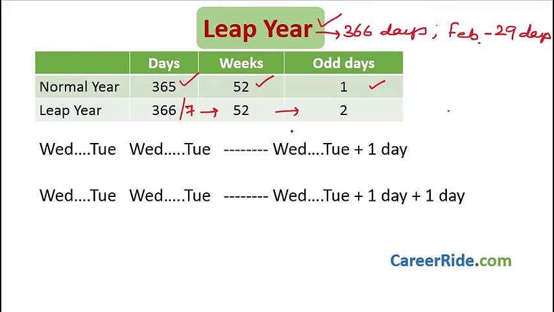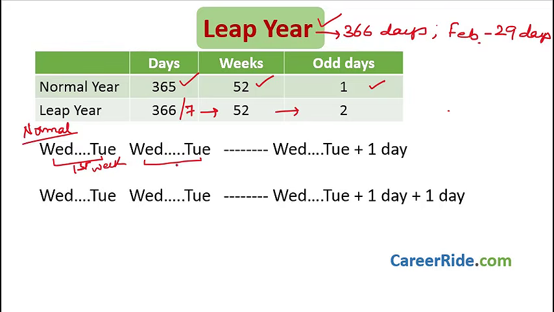Okay. Now, in case of a normal year, we took an example in the last slide. Let's go back to that example. If a normal year begins on a Wednesday, the first week will get over on a Tuesday, right? First week this will be. The second week will again begin on Wednesday because Tuesday's first week has gotten over.